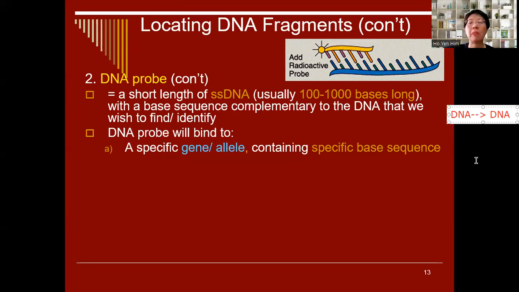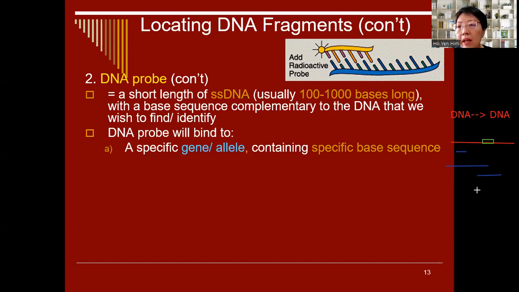So all the DNA fragments will separate, right? Let's say this is your piece of DNA, and the gene for insulin is located here, for example. Then you cut this DNA, and of course other DNAs, because in the nucleus you have many DNA, long and short. Then you cut all the DNA with a certain restriction enzyme.